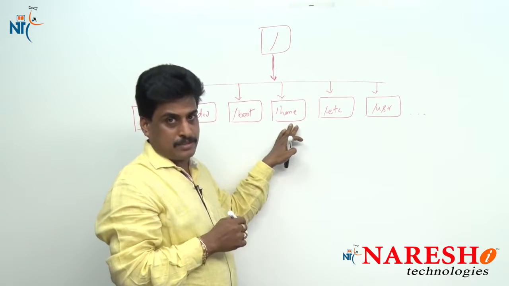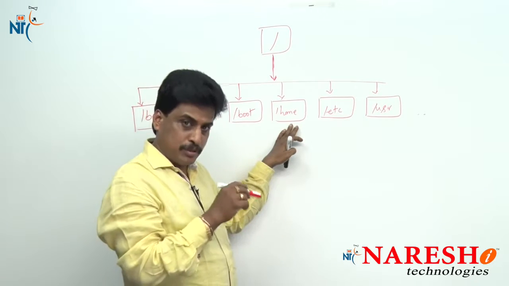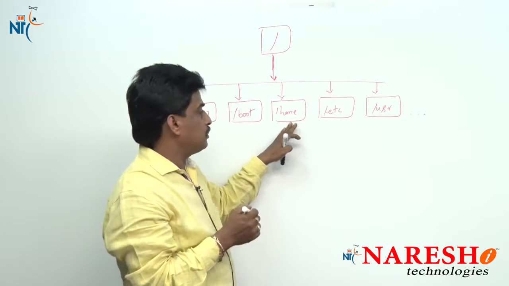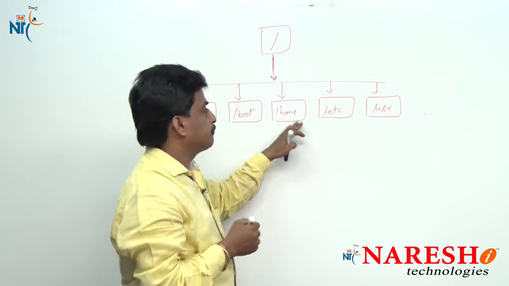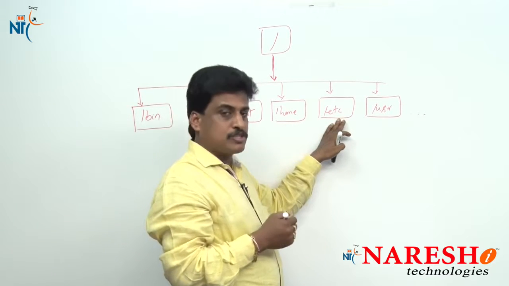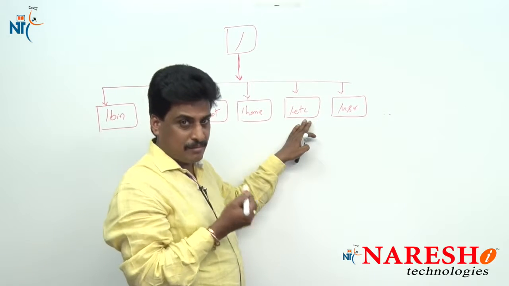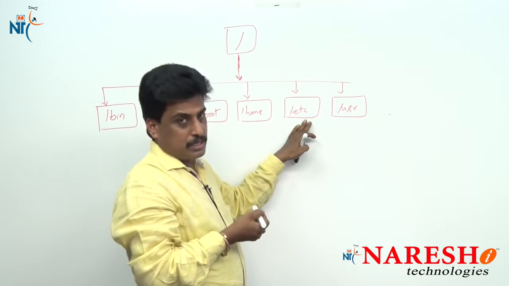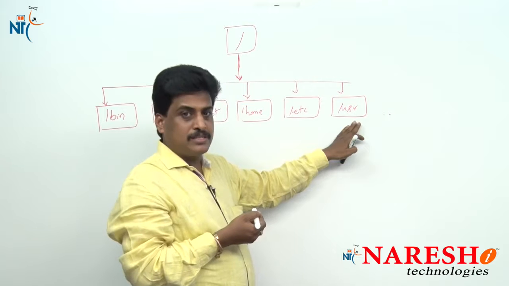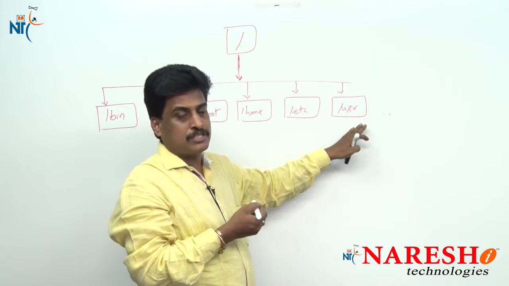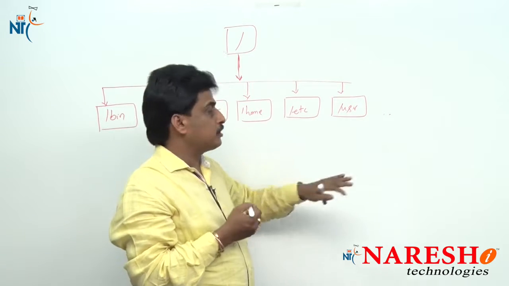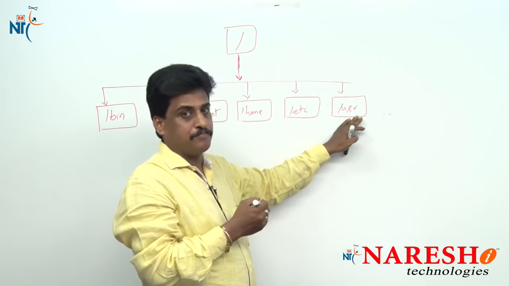Home, it contains users as well as sub-users, whatever list is available, in the home directory. I will show you that one. etc, it contains configuration files, completely admin related, disk related files and super user related information. usr, it is a default directory type. If you install any new software, by default it first installs in the usr.